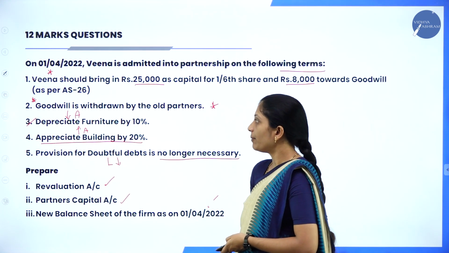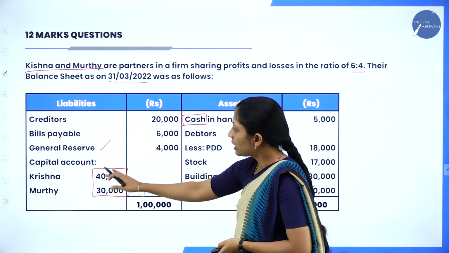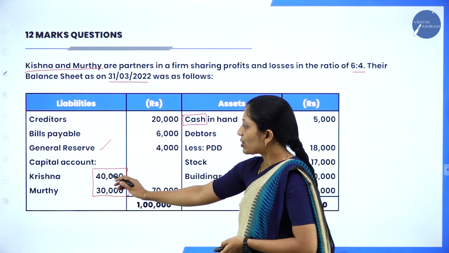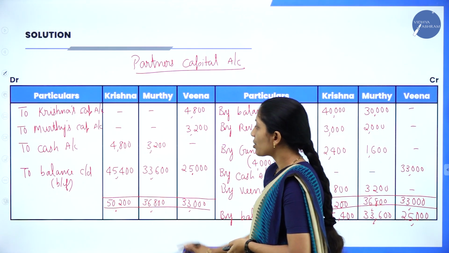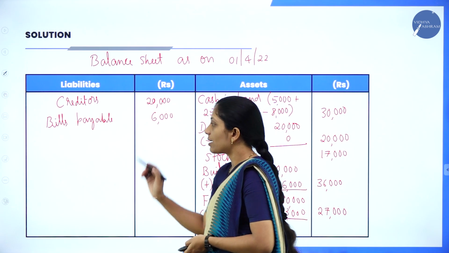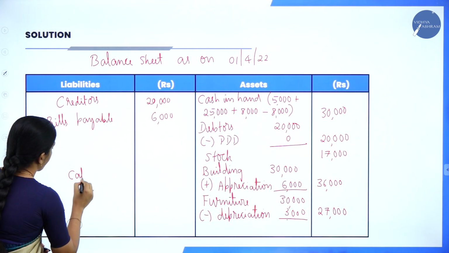After bills payable, next general reserve, which we have already distributed in the partners' capital account. This capital also we have taken in your partners' capital account. Now instead of this capital, we have to take the balance carried down. So you will write capital.